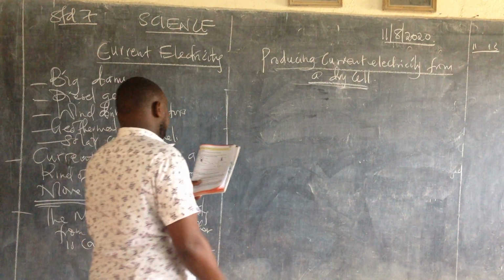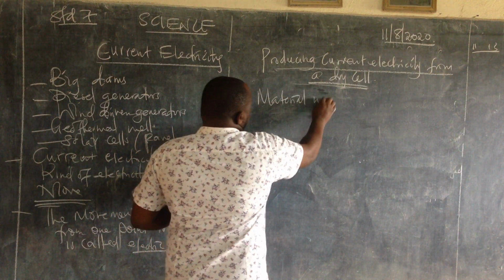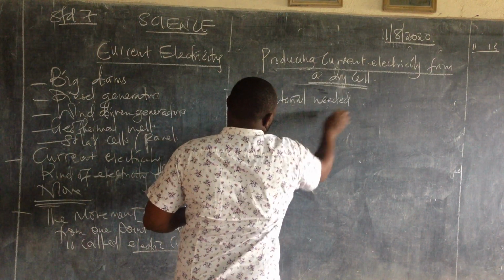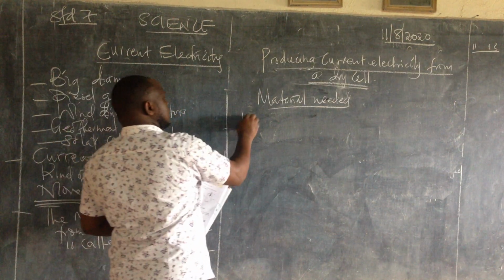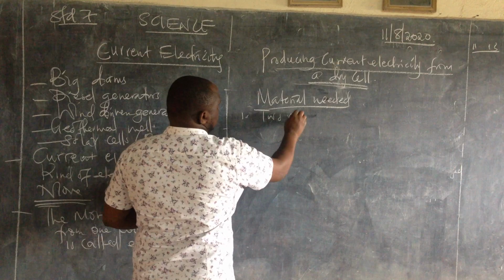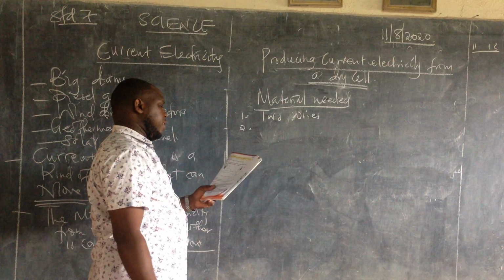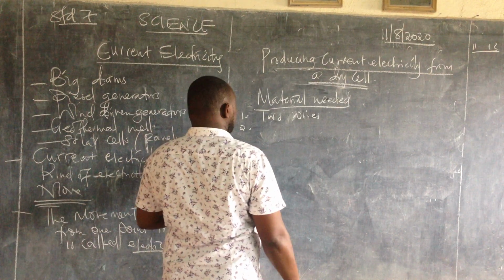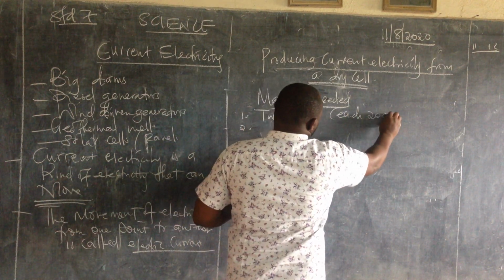So what do we require? Some materials needed. For us to be able to do this, we need 2 wires. This is very important, learner, because we are going to sketch. Each should be 20 centimeters long.